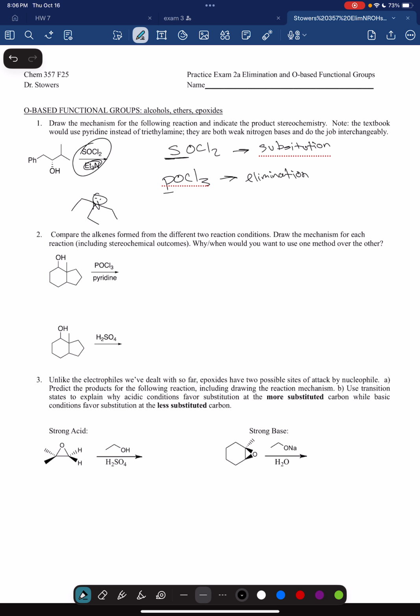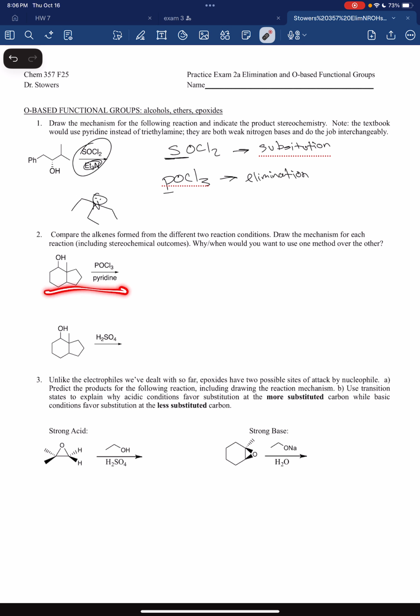And yeah, so these ones also are clearly outlined in her notes. I would just go to her notes, look at those mechanisms, and I don't think there is much more to that than just drawing out the mechanism exactly as she has in the notes. I'm not going to give you guys the exact answer.